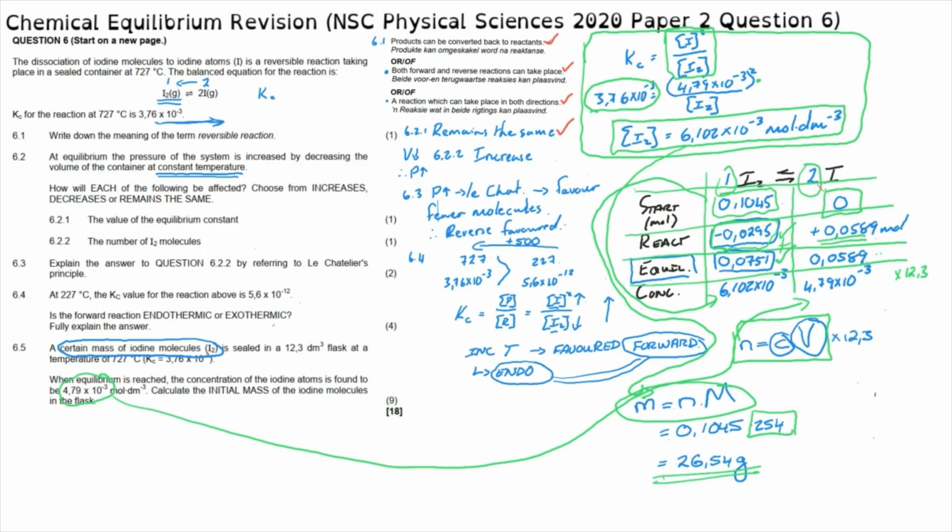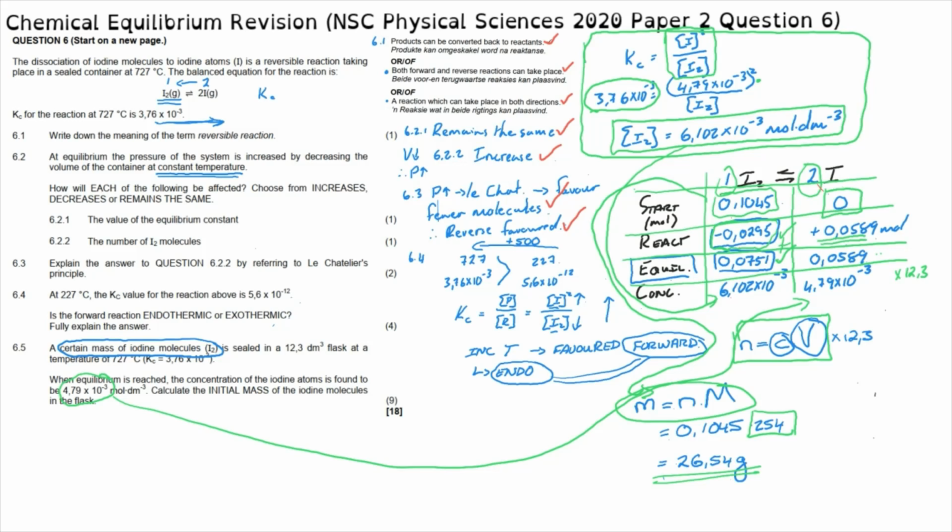For 6.2.2, the number of iodine molecules will increase, and there were 2 marks allocated for the explanation. One was for saying that when we increase the pressure, we favor the side that produces fewer molecules, and the second one for therefore saying that the reverse reaction is favored.